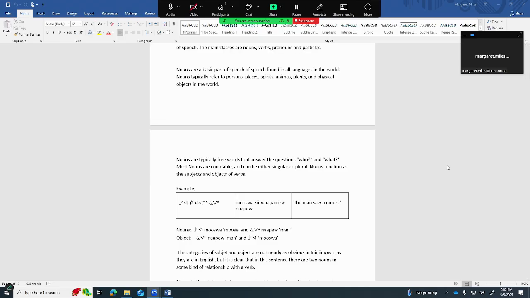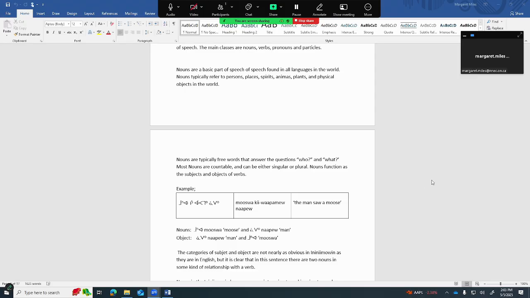Nouns in the language group into animate and inanimate genders or classes, dependent and independent groups. In addition, there are principal forms, that is verbs used as nouns but keeping some of their verbal properties.